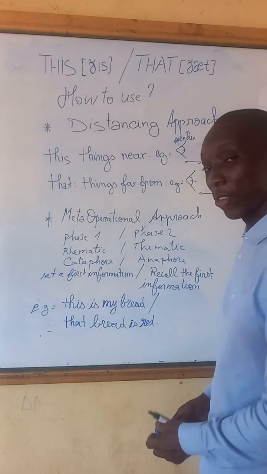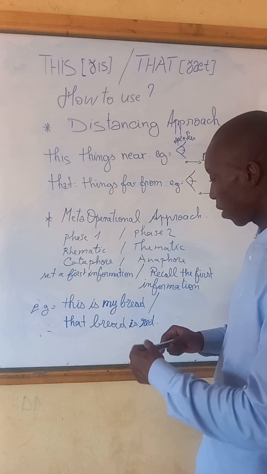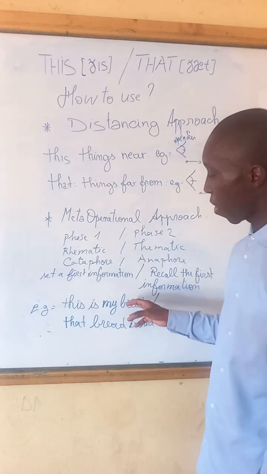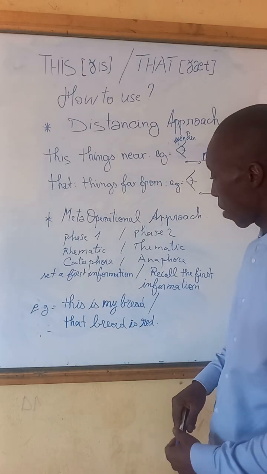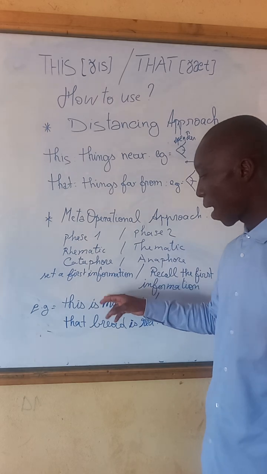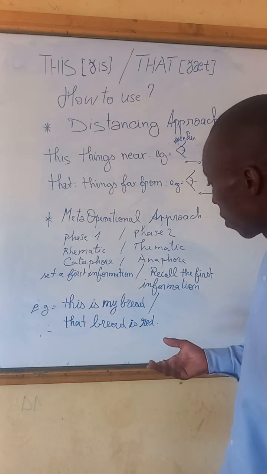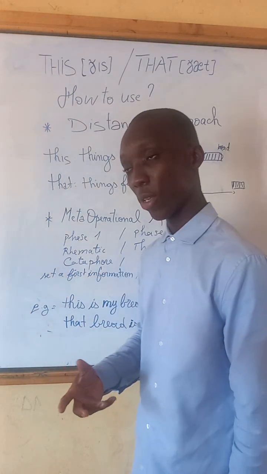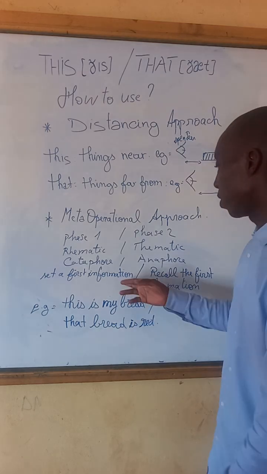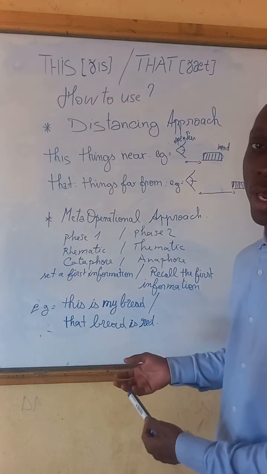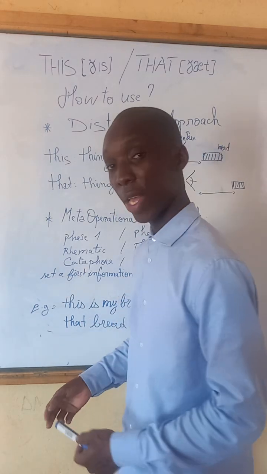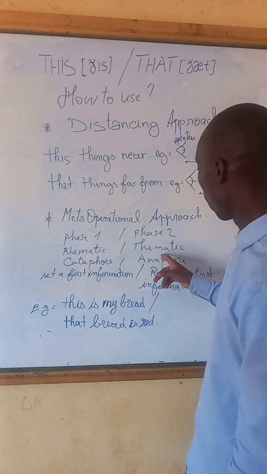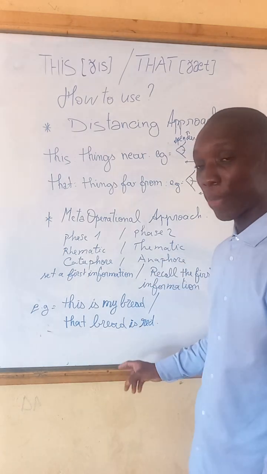And that bread is red. Of course, we are talking about the bread earlier elaborated or asserted, and simply we want to talk about the color of the bread. So we're not going to use "this bread is red", but simply use that in such a context.